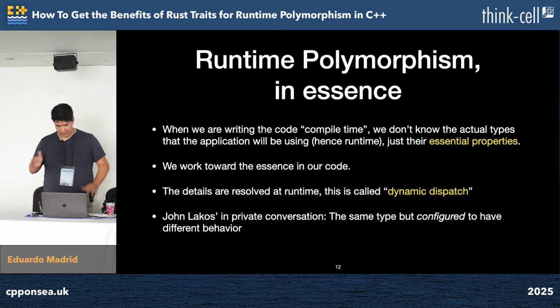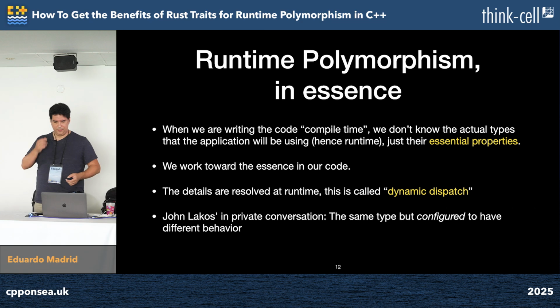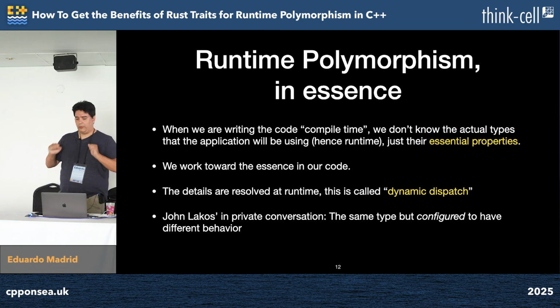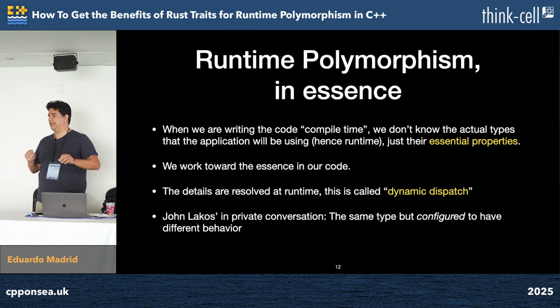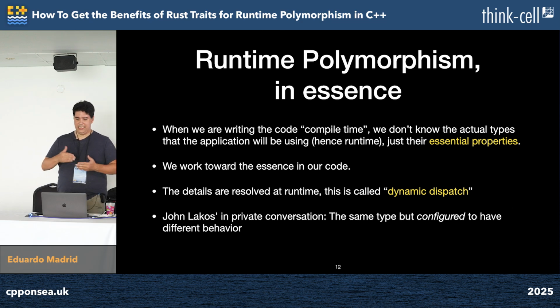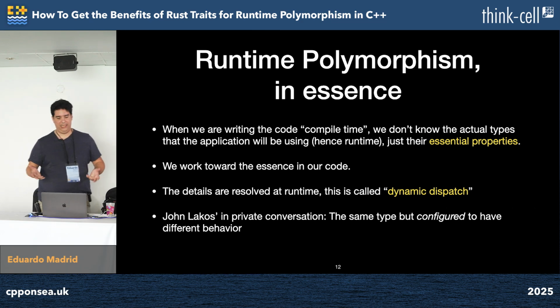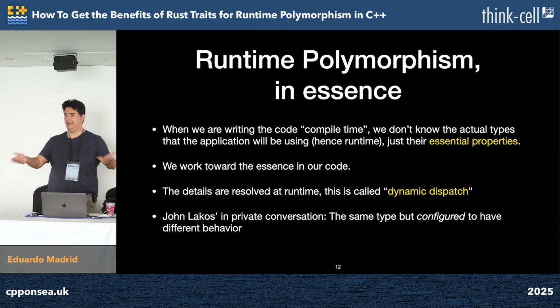So what is runtime polymorphism in essence? It is in the title, and I have not defined it yet. When you're writing the code, that's what we normally refer to as compilation time, or the time of programming, which ends when we actually ask the compiler to compile. At that point, everything is runtime.